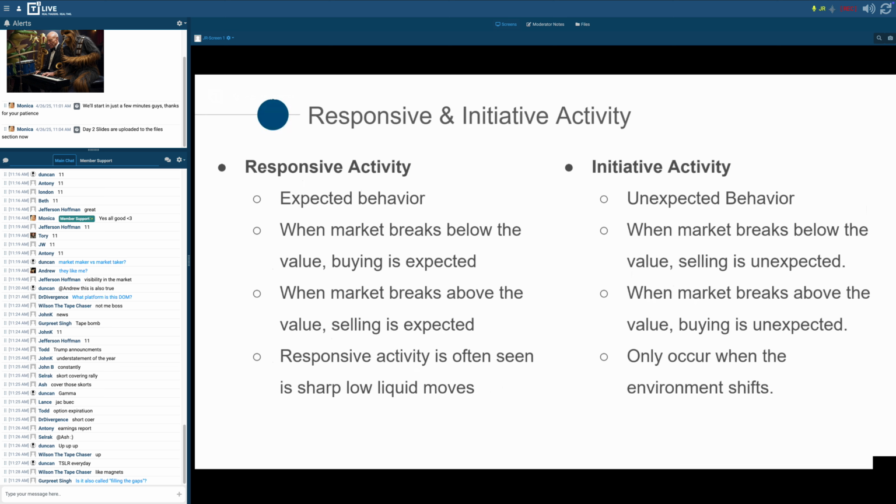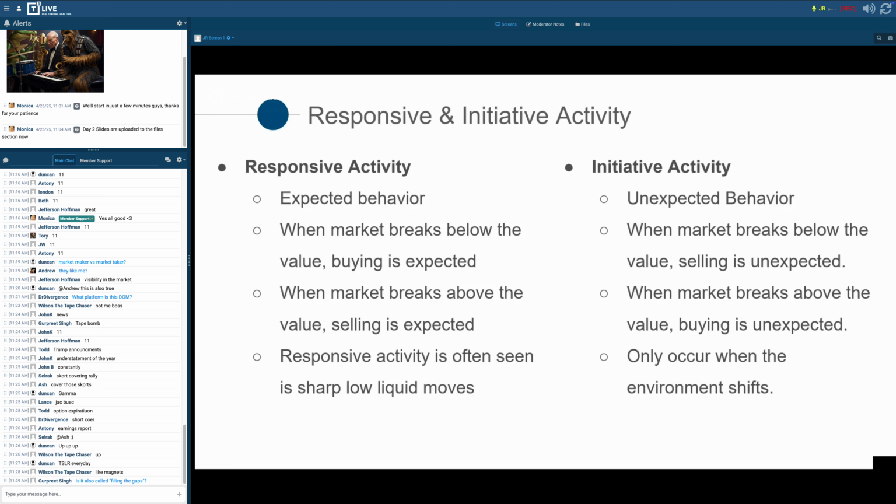So, responsive and initiative activity. This is an important concept for you to just understand and keep in the back of your mind as you're watching the auction, right? Responsive activity is action that usually is responsive to a prior action, right? So when the market dips into value area low in a range, you can expect responsive activity.